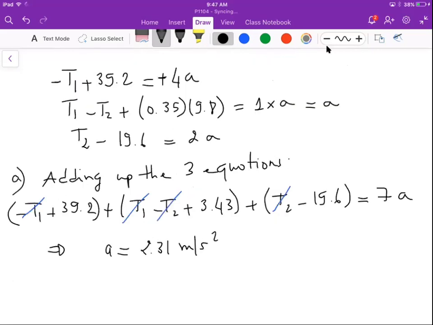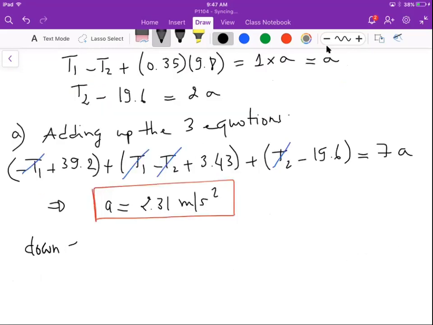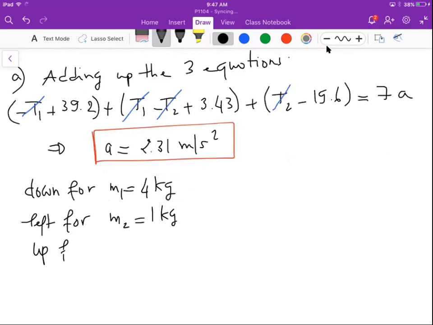Okay, and so this acceleration in magnitude is given equal to this. Now in direction, it is down for m1, which is equal to 4 kilograms. For m2 it is to the left, like we drew them in the figure, equal to 1 kilogram, and it is upwards for m3, which is equal to 2 kilograms.